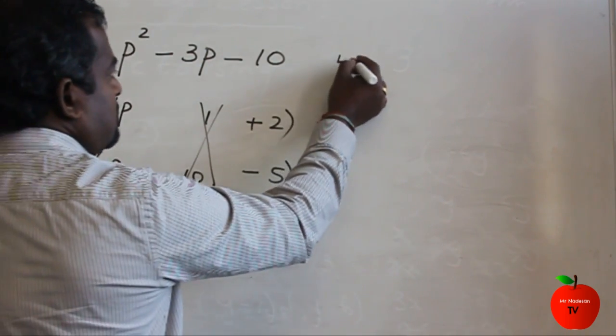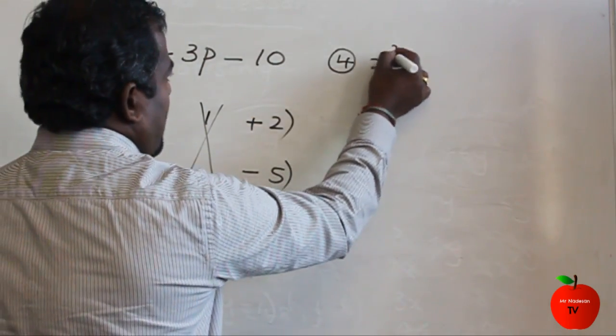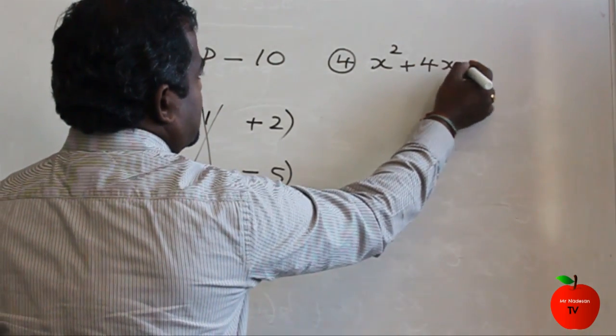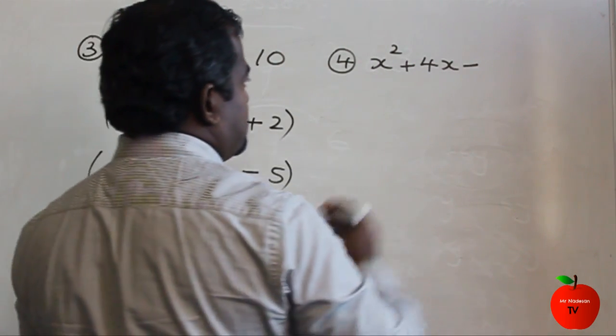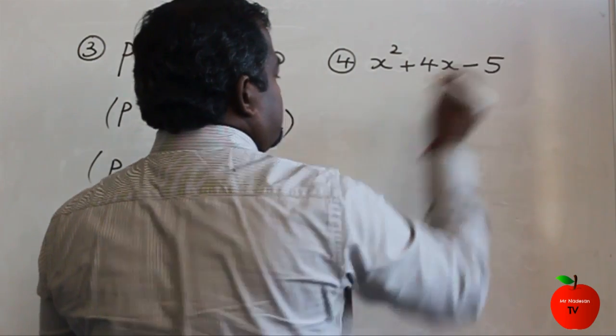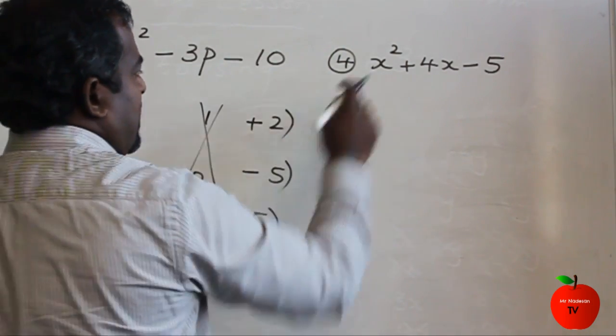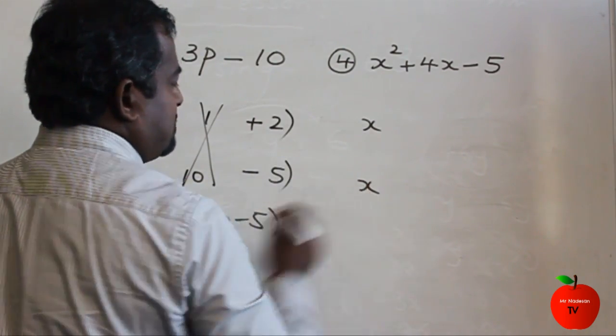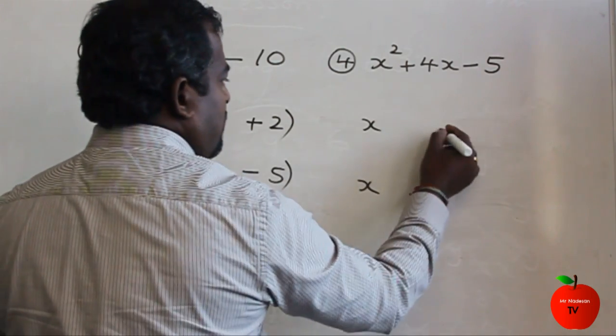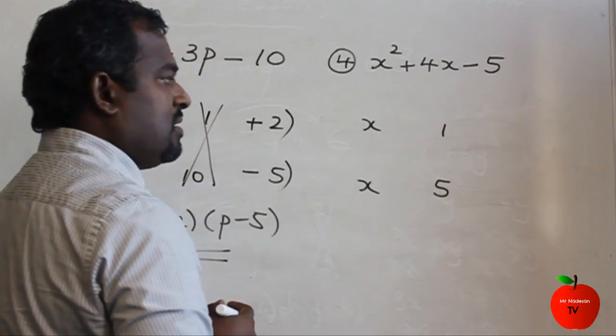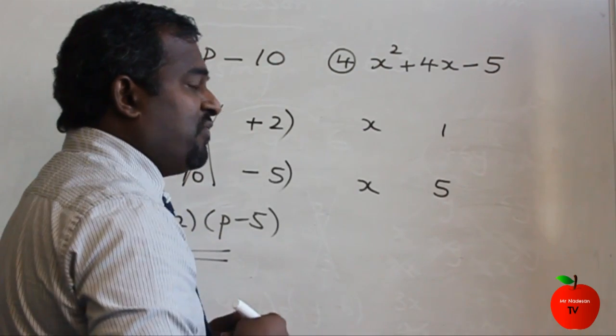Let's take the next one: x squared plus 4x minus 5. Factors for x squared are x times x. Factors for 5 are 1 times 5. Are you looking for adding factors or different factors?